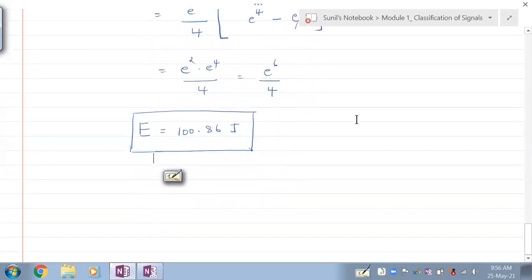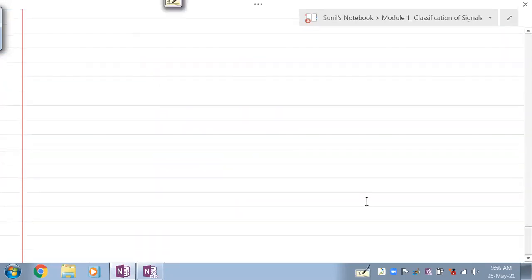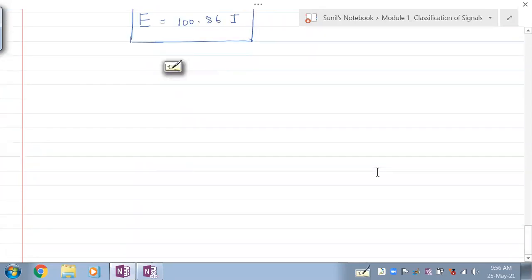Now let's take the second problem under this. Under the first problem, we were asked to find this energy for the three signals we took there. Now let's see this. Everybody just copy it down. Sketch the following signals and find its energy or power, whichever is appropriate.